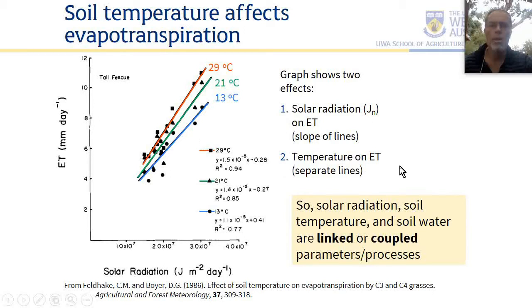So solar radiation and soil temperature and the loss of soil water by evapotranspiration, that's evaporation plus the transpiration of plants. So some of the temperature effect is on the physiology of plants themselves. We call them those linked or coupled parameters and processes. All right. So it's really hard to change solar radiation without changing soil temperature and soil water as well, and so on.